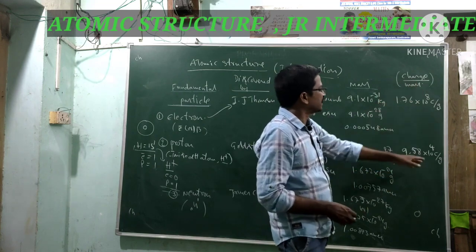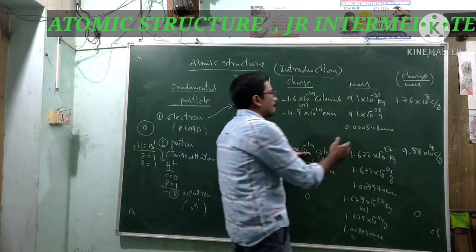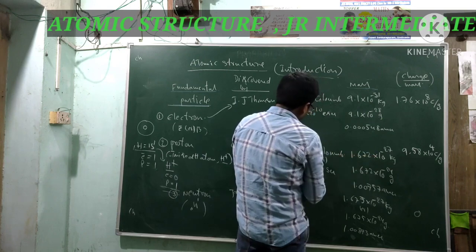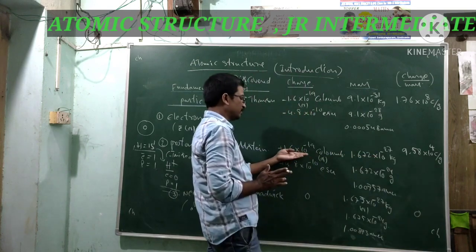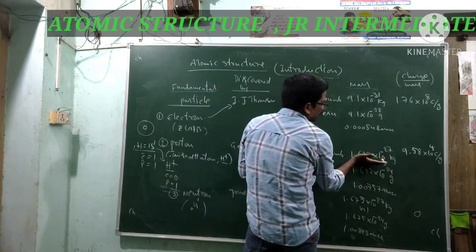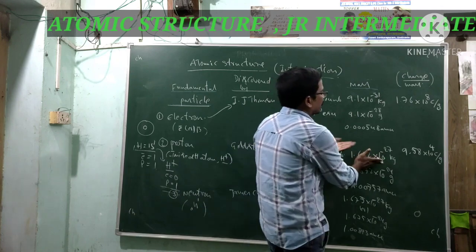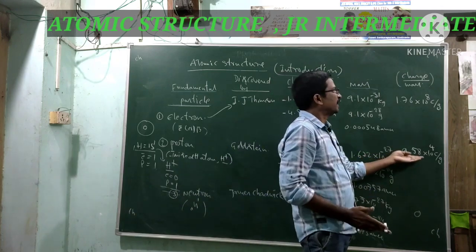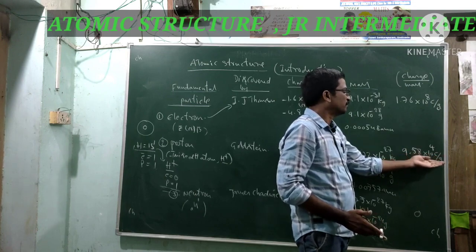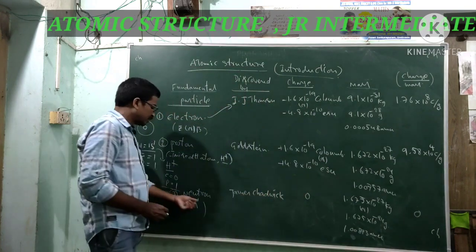Dividing the charge of the proton, 1.6 into 10 to the power of minus 19, by the mass, you get the charge by mass ratio 9.58 into 10 to the power of 8 coulomb per gram.